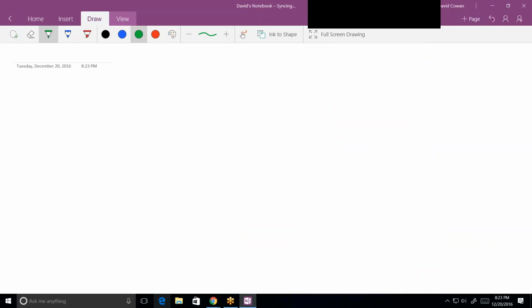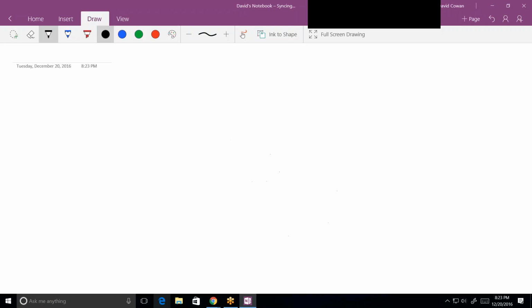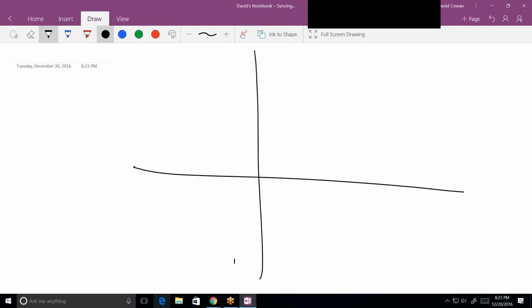Okay? Okay. So now here's a test. I'm going to draw them. You tell me what it is. Okay. Cosine. Good. That's meant to go through the origin. Tangent.